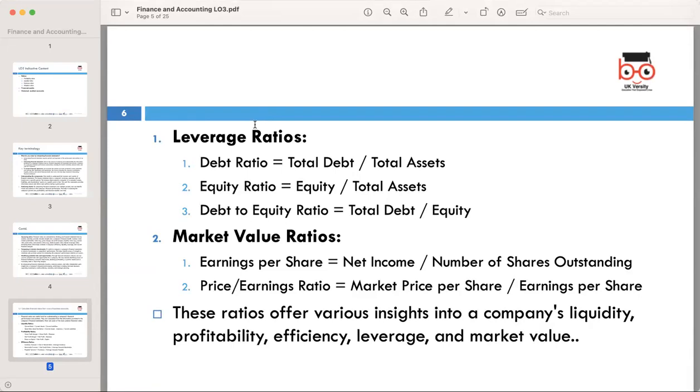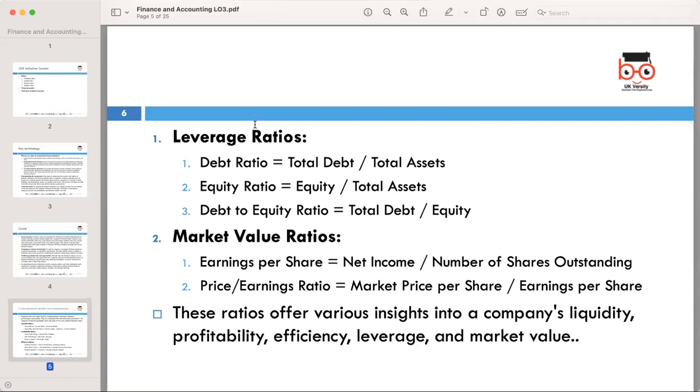It helps us understand how much of the company's assets are financed by debt. Then there is the equity ratio, which reveals the portion of a company's equity or ownership in relation to its total assets. This ratio helps us gauge the company's financial stability and how much of its assets are funded by shareholders' investments.